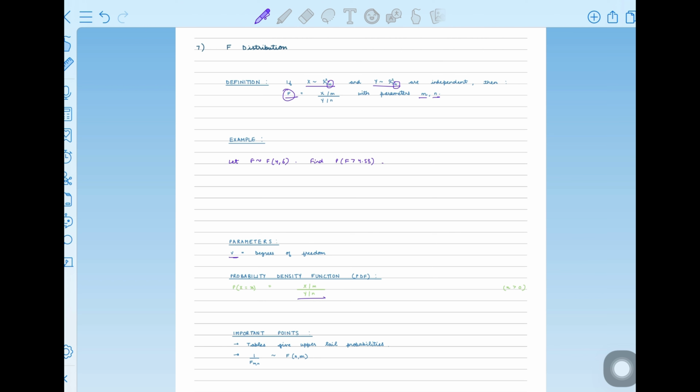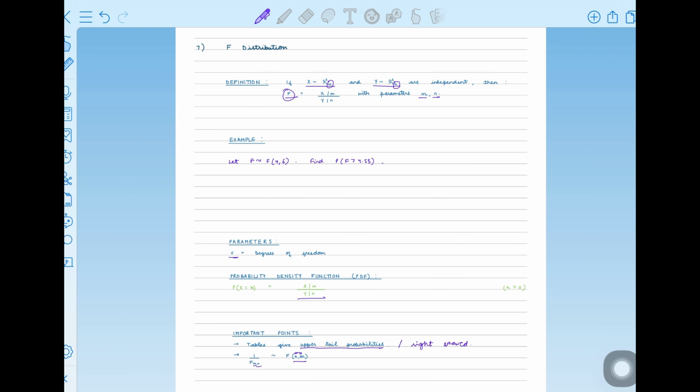Some important points are: tables for the f distribution, like that for the t distribution, give upper tail probabilities. The second important property is that the reciprocal of f with the parameters m and n follows f with the parameters n and m, that is, the order is reversed.